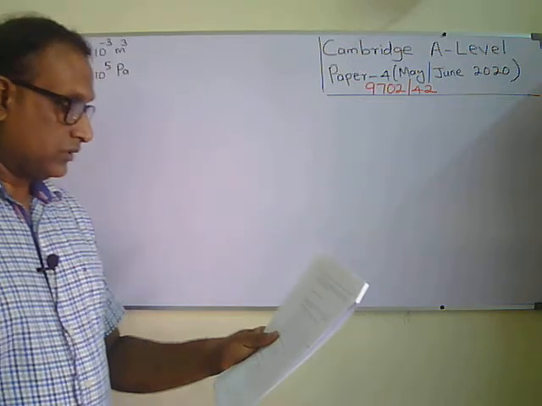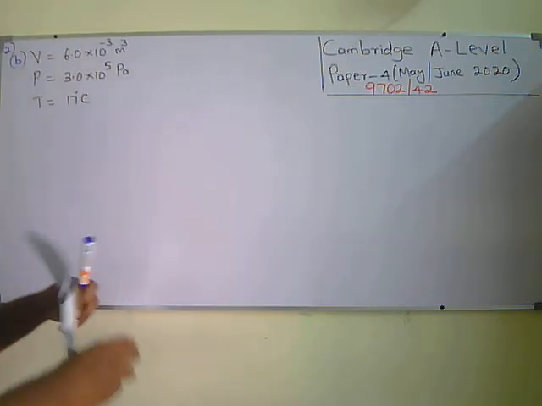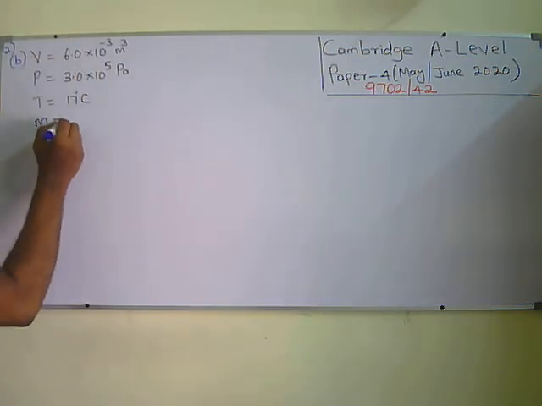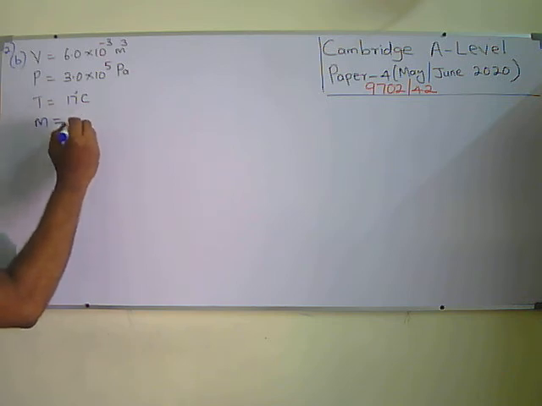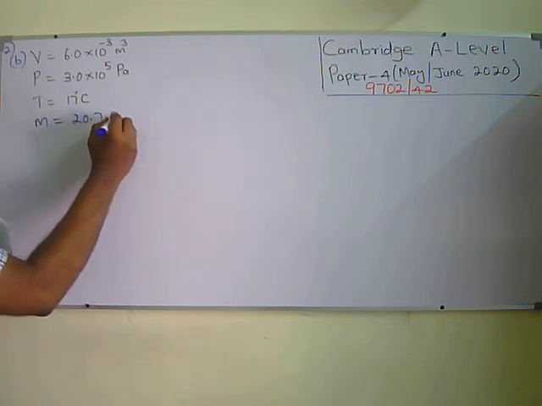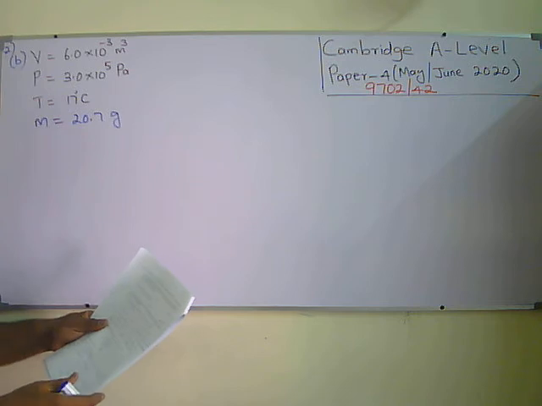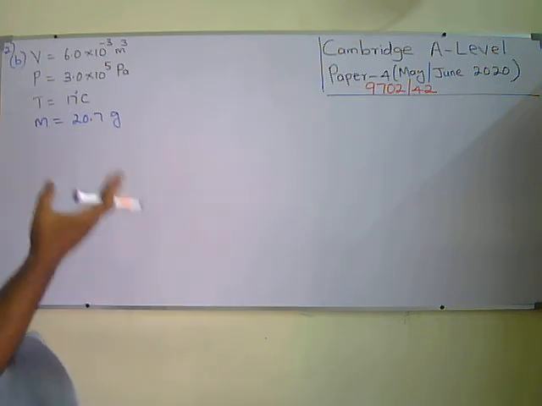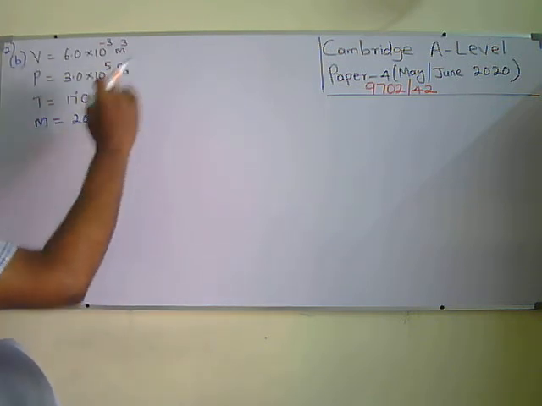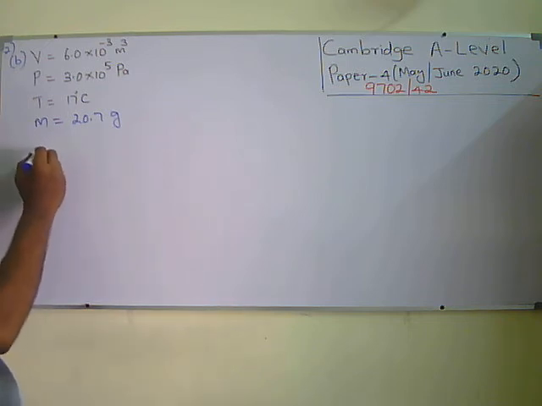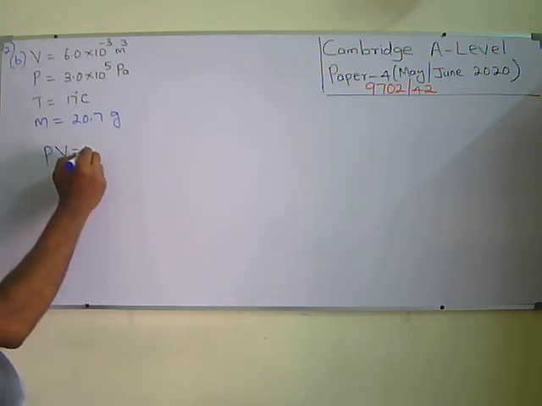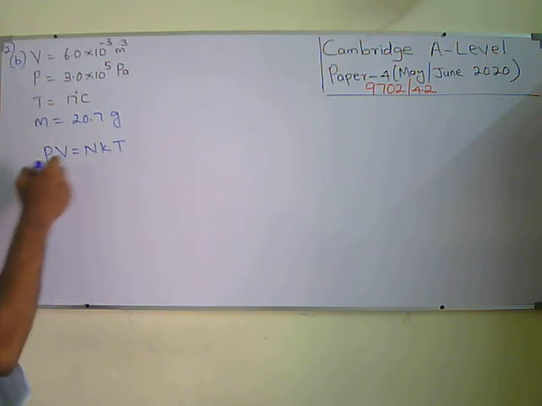The question: in a closed container there is a gas of mass 20.7 grams. What's the mass of one molecule? So I need to find the number of molecules inside the container. I can use the equation PV = NkT. P is the pressure, 3 × 10^5.